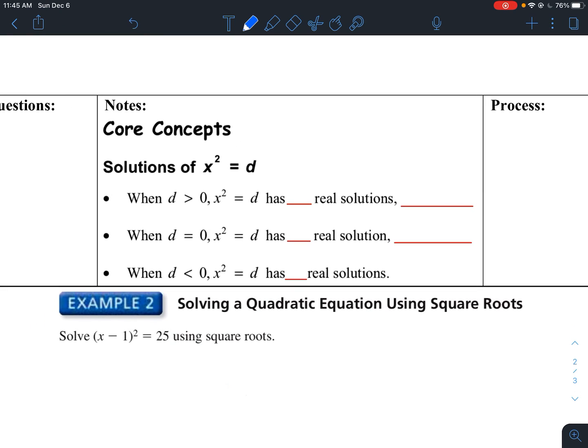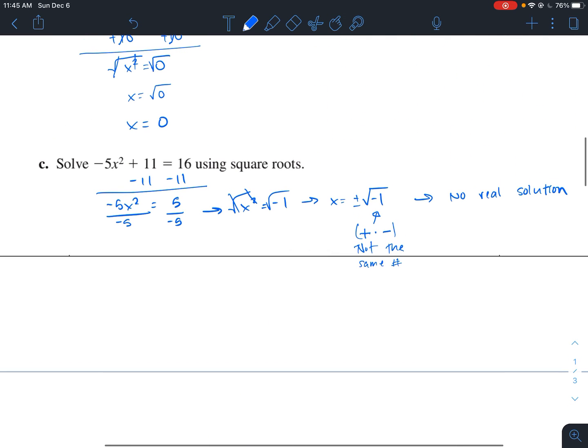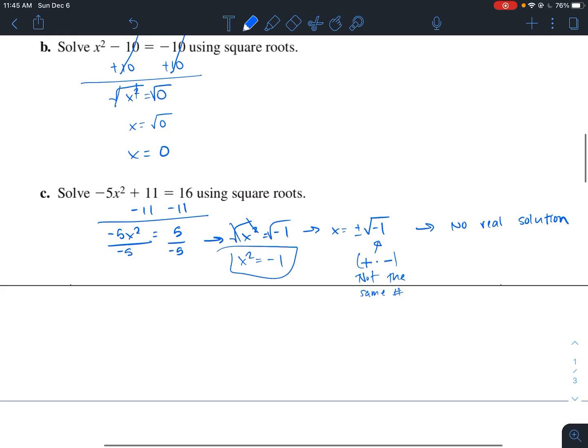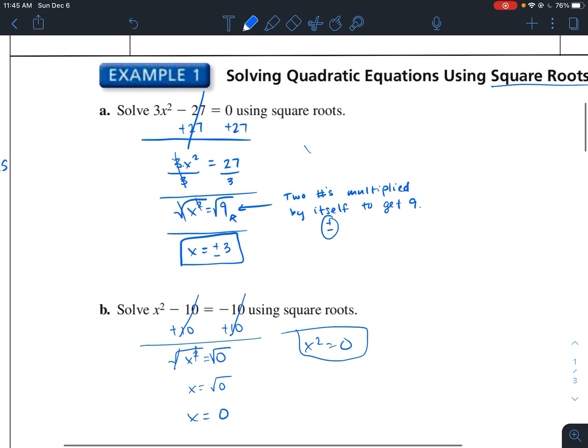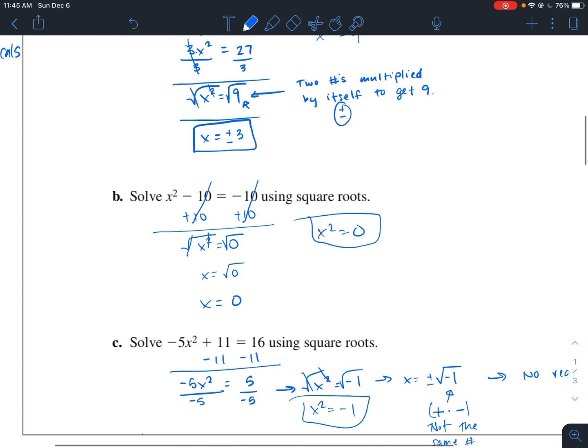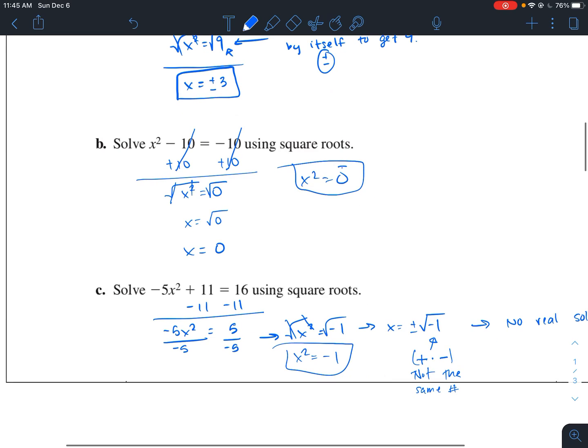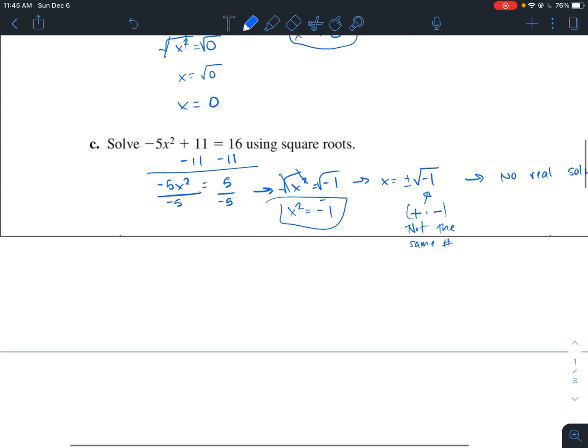So if you ever have x squared on one side, at this point right here we had x squared equal to -1. Over here we had x squared is equal to 0. In here we had x squared is equal to 9. So notice that whenever x squared was by itself, this was positive, this was 0, and this was negative.